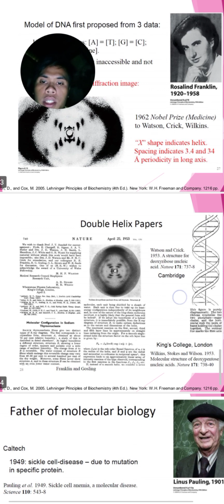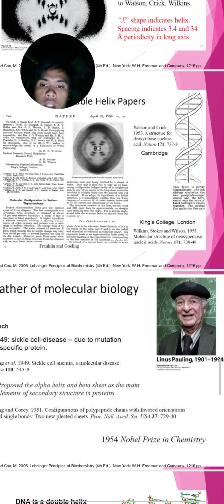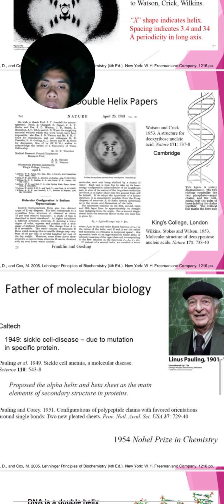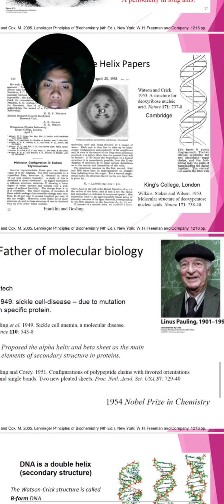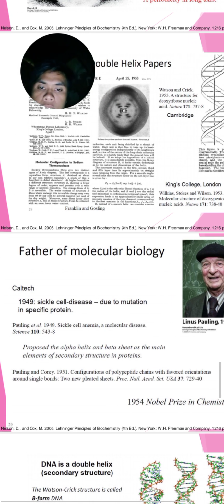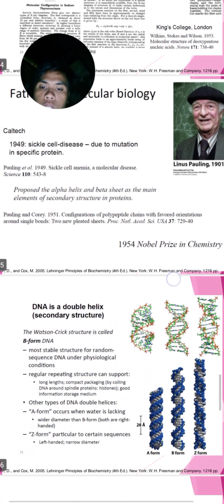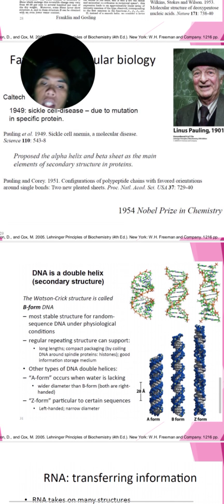For the double helix papers, Linus Pauling, 1901 to 1994, the father of molecular biology, showed sickle cell disease is due to a mutation in a specific protein. He proposed the alpha helix and beta sheet as the main elements of secondary structure in protein. DNA is a double helix, a secondary structure.